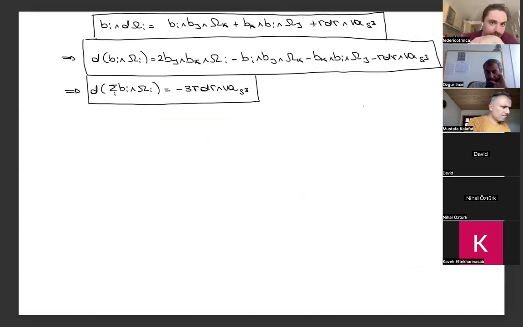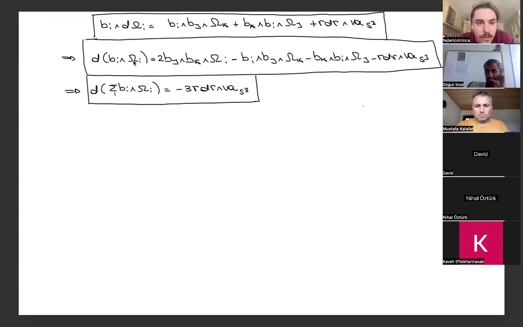This is really just a straightforward computation as the one in the previous slide. And now, since we know that d of bi is equal to twice bj wedge bk, the second formula follows directly from the first one.